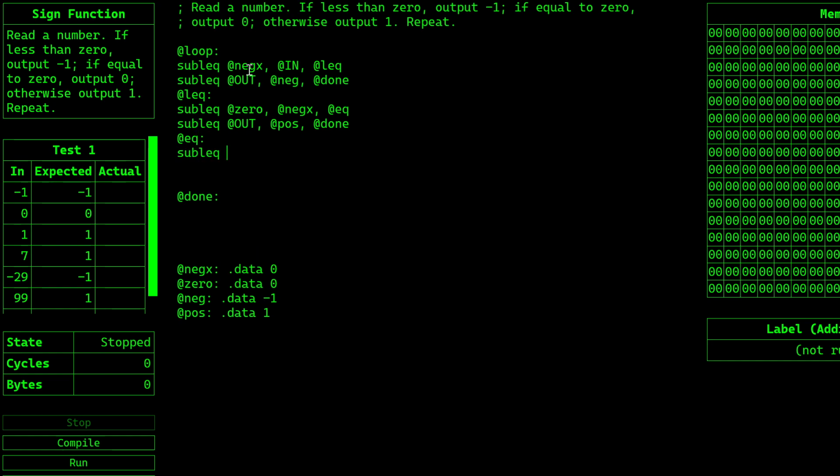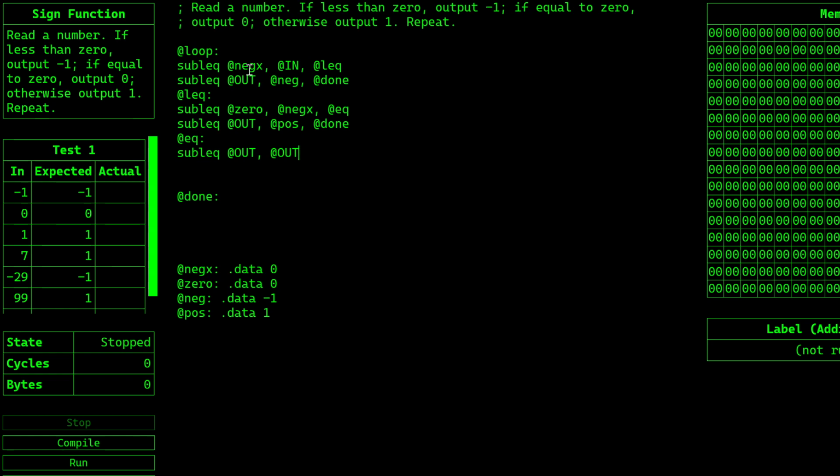We can just subleak from out and out, because we just need to output a 0, and that's what we'll read there.